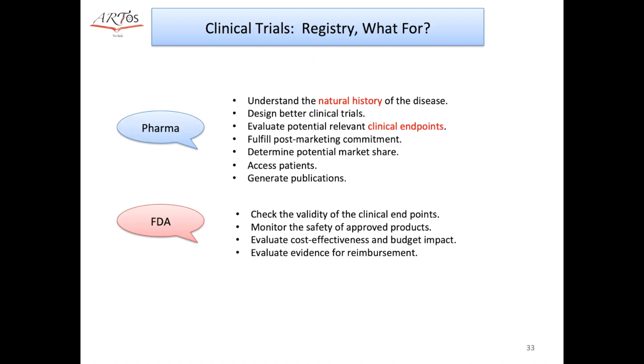Most of all, for pharmaceutical companies, it will allow them to understand the natural history of the disease, therefore design better clinical trials, evaluate potential relevant clinical endpoints, fulfill the post-marketing commitment, determine potential market share, access patients, and, to a lesser point, generate publications. For the FDA, they can check the validity of the clinical endpoints. They can monitor the safety of approved products, evaluate cost effectiveness and budget impact, and evaluate evidence for reimbursement.